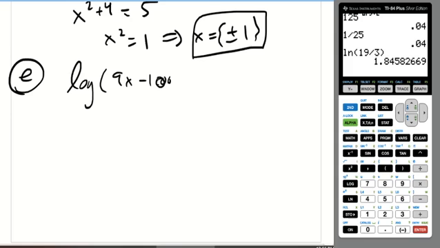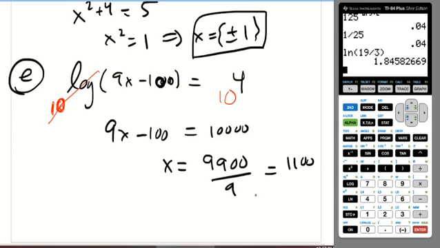And what we're left with is 9x minus 100 equals 10 to the fourth, which is 1 and 4 zeros. So x is equal to 9,900 over 9, which is 1,100.